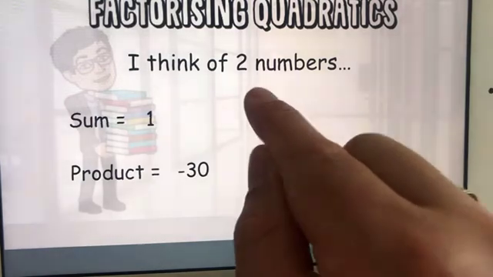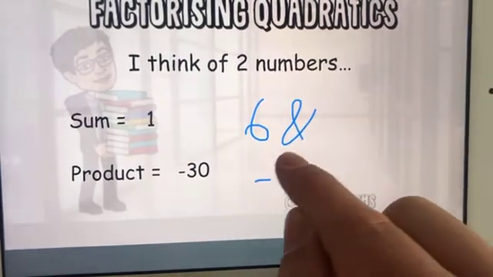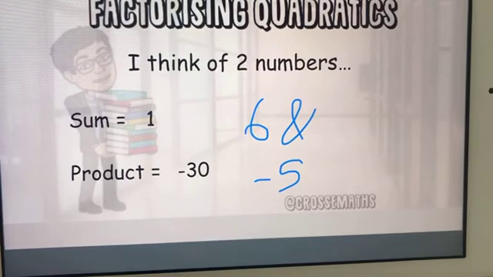This one would be positive 6 and negative 5, because positive 6 times negative 5, because the signs are different, makes minus 30. And they add together to make positive 1.